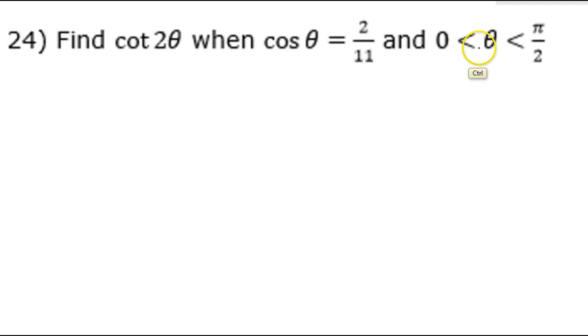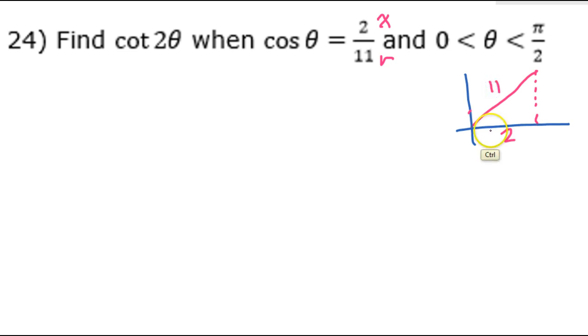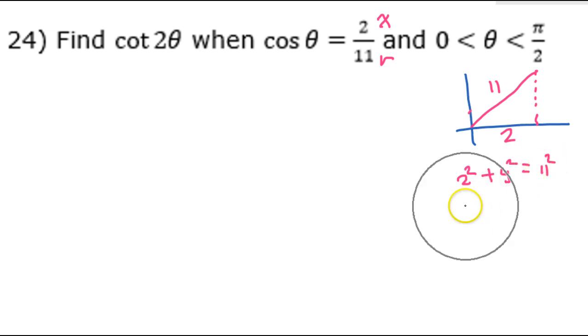Last problem. Theta is between 0 and pi over 2. That puts it in the first quadrant. Okay, cosine is x over r. So that means that this is 2 and this is 11. This is not one of the triples that I know about, so we would have to do the Pythagorean Theorem real quick to find y. So, for example, 2 squared plus y squared is equal to 11 squared.